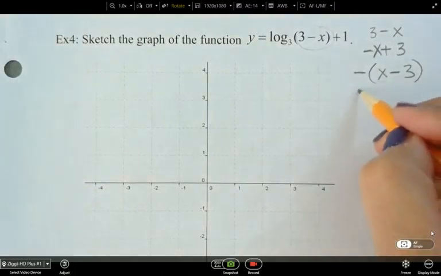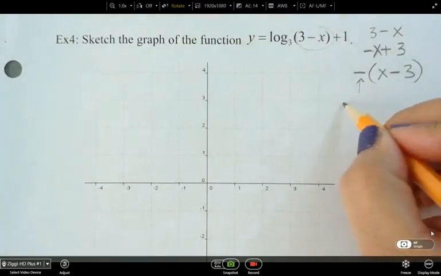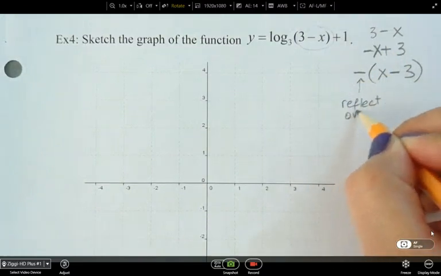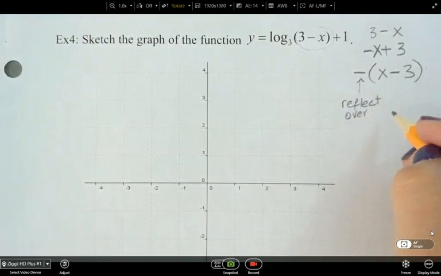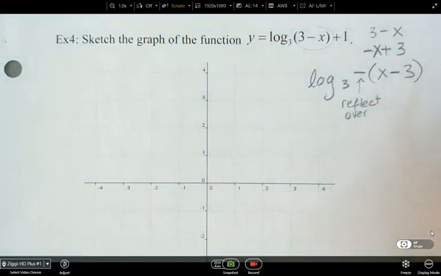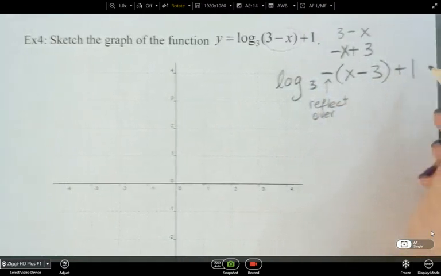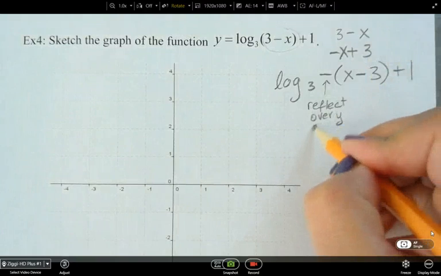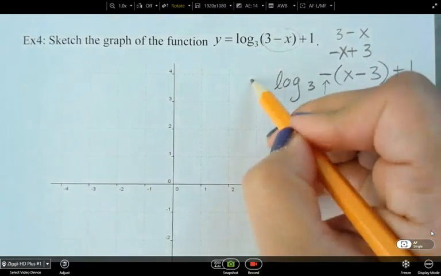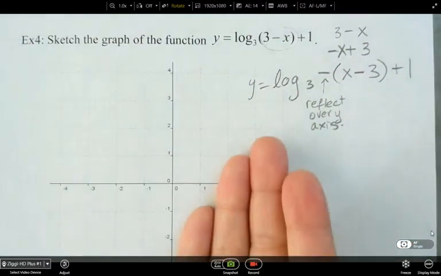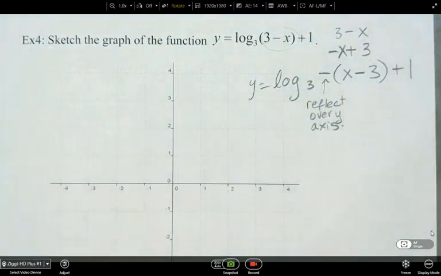So what does this mean? Where is it going to reflect? This is a reflection, right? Who is it going to affect? Let me write the rest of the equation here so you can see who it's affecting. We're going to reflect over the y-axis, so it's going to go from here to here.